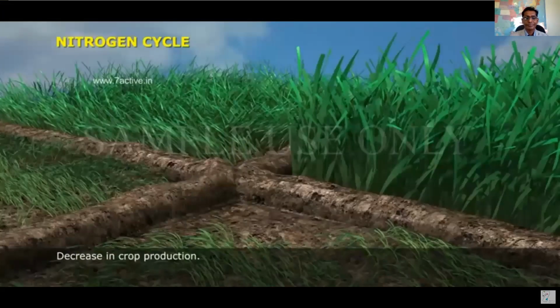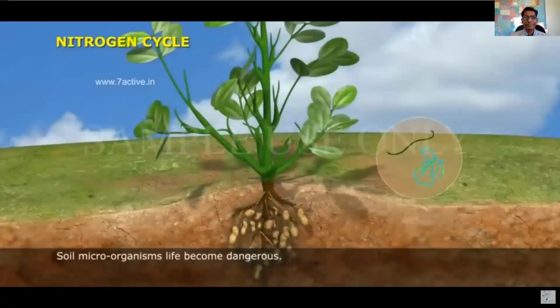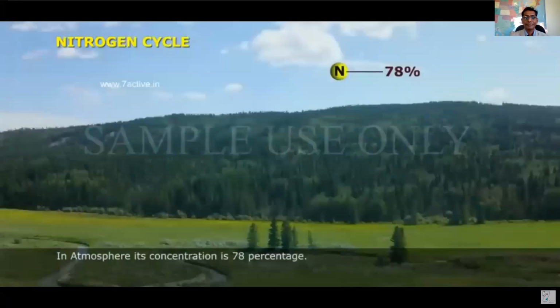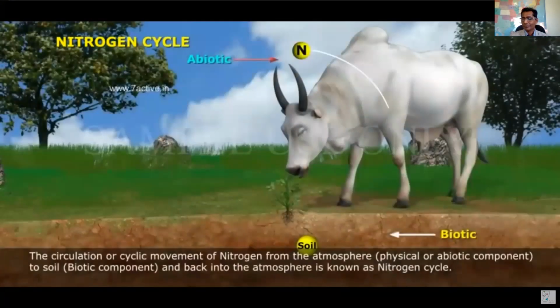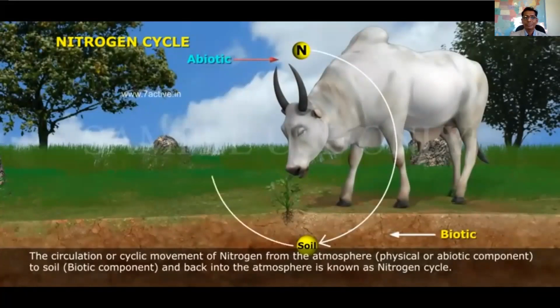Decrease in crop production, soil microorganisms' life becomes dangerous. In the atmosphere, its concentration is 78%. The circulation or cyclic movement of nitrogen from the atmosphere, the physical or abiotic component, to soil, the biotic component, and back into the atmosphere is known as the nitrogen cycle.